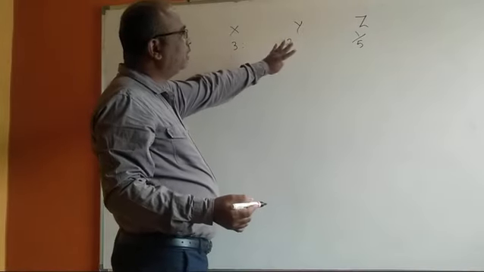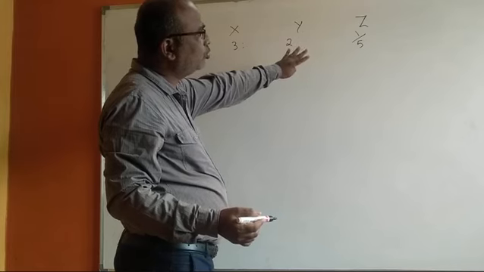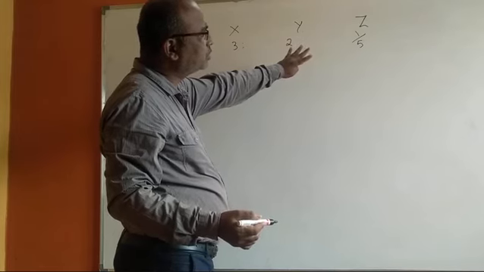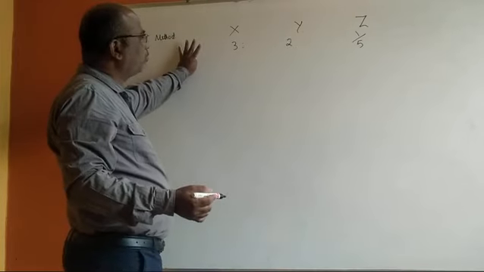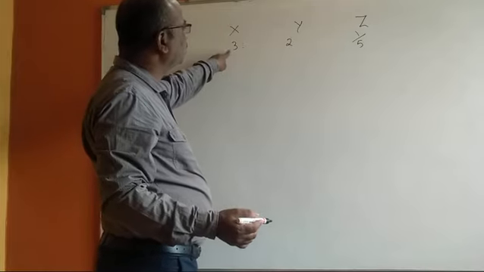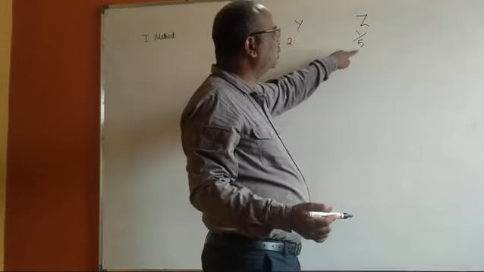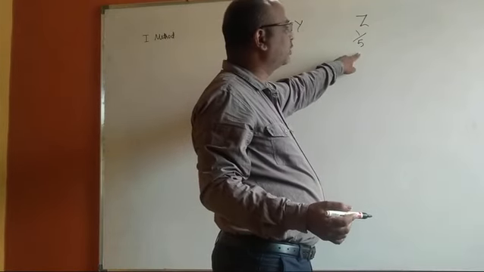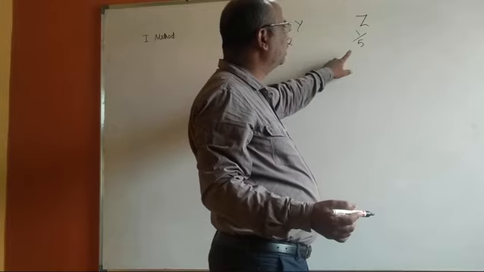So here it will not be mentioned in the problem how Z obtains his share from X and Y. So here the problem will be as such that X and Y are partners sharing profits and losses in the ratio of 3:2. They admit Z as a new partner with the 1/5 share in future profits. Calculate the new profit sharing ratio of X and Y.